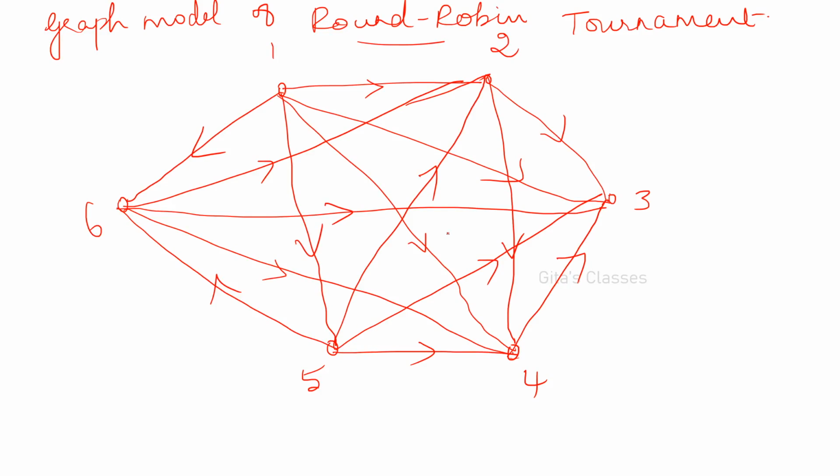And now this is team 1, team 2. There are 6 teams. 1 will be playing with all the others, 2 has played with all the others, and 3 has played. So this arrow means if 1 and 2 are playing, whoever is winning from that team, the arrow will be going to the other team. Okay, this is an example.